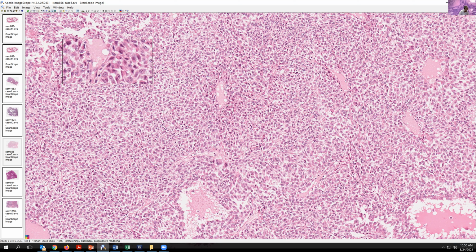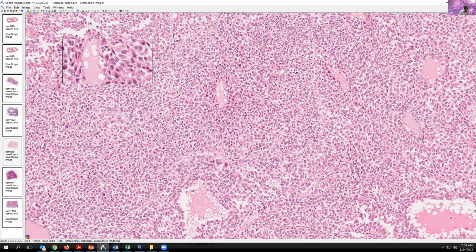So thinking about other sex cord stromal markers and also looking at more specific melanocytic markers in that setting, such as SOX10 or MITF, would be useful in affirming that this is in fact metastatic melanoma.